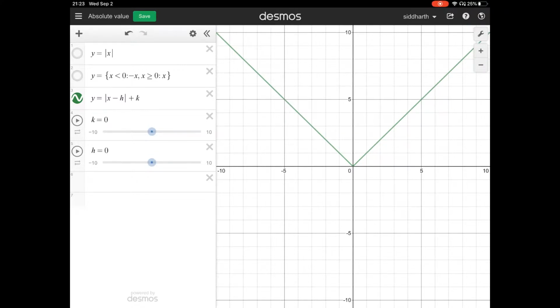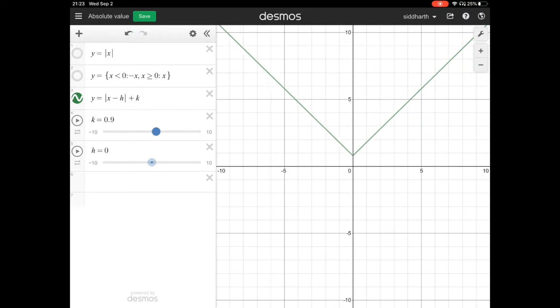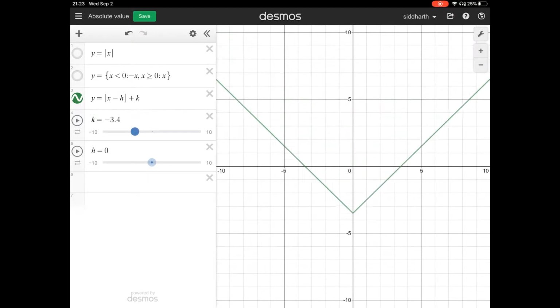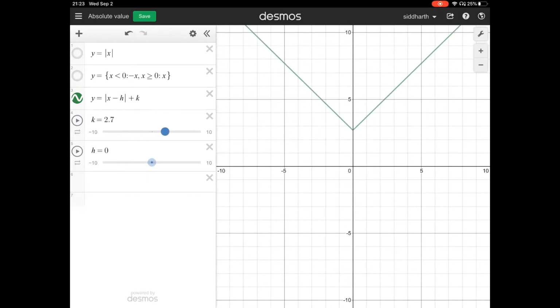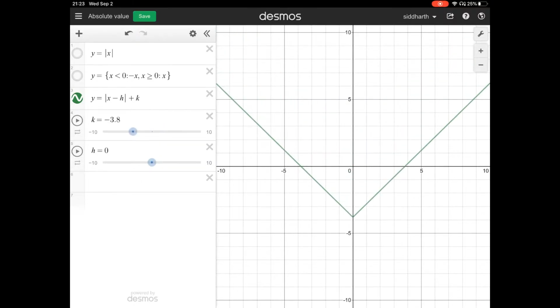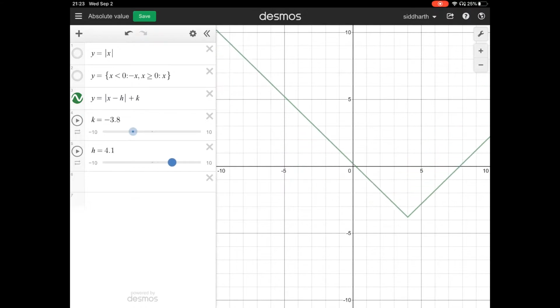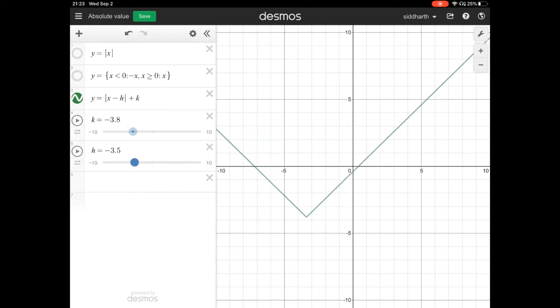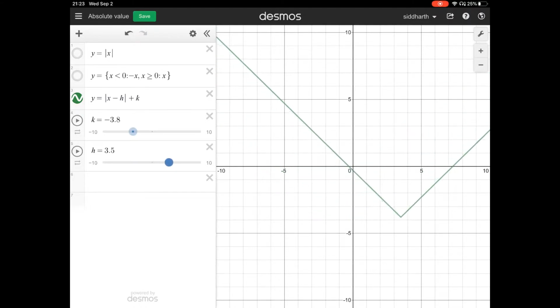Now let's see how h and k affect how the graph looks. Let us start with k. When I move k around, you can see that the graph goes up and down. This means that the graph performs a vertical translation. And when I move h, you can see that the graph moves right and left.